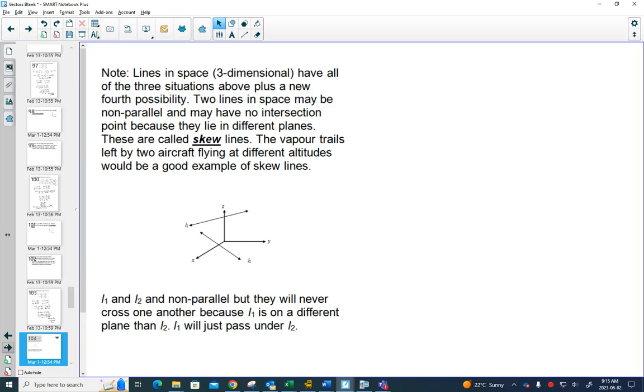They can be going in different directions and not intersect. And the vapor trails can intersect, and you can still be okay as long as they intersect at different times. That's okay as well. The problem is when 2 planes happen to intersect at the same place at the same time, that's not as good.